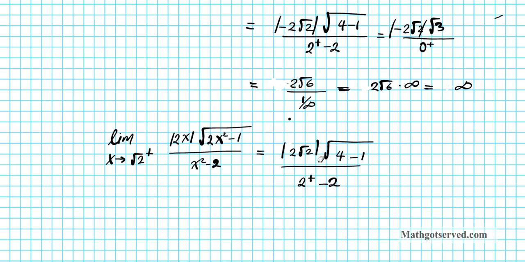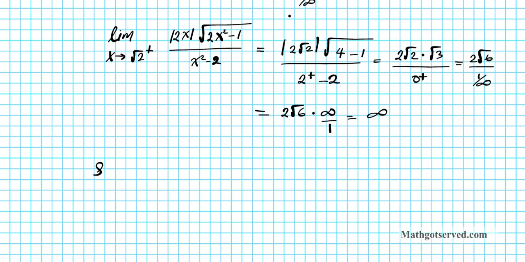You can go through the mechanics to verify that this is correct if you want. So it's going to become 2 root 2 times root 3, as we determined earlier, over 2 from the right minus 2, which is a very small positive number. That equals 2 root 6 over 0 from the right, which can be written as 1 over infinity. So this equals 2 root 6 times infinity, multiplying the numerator by the reciprocal of the denominator, so your final answer is infinity.